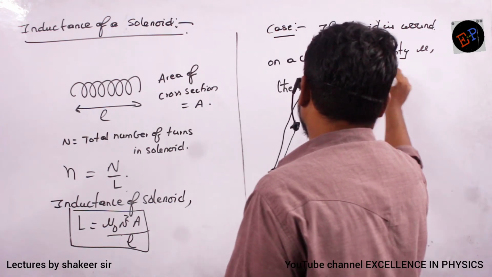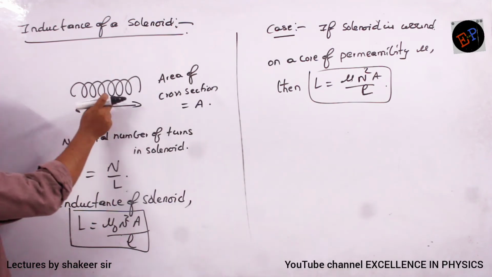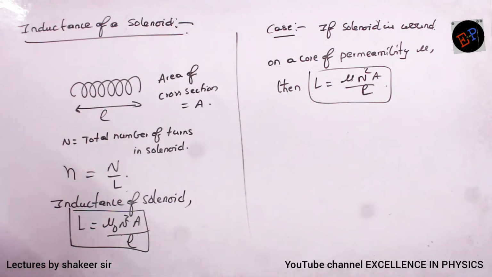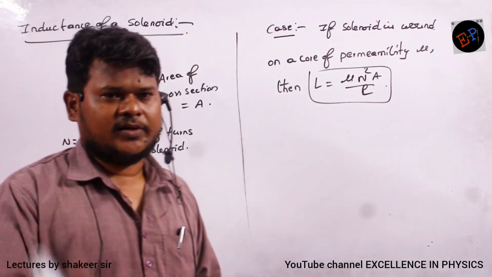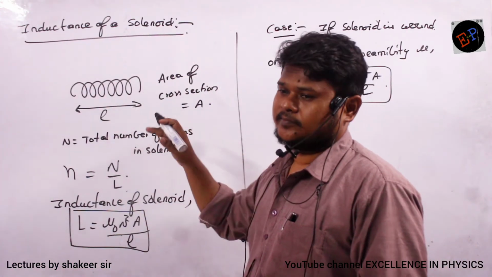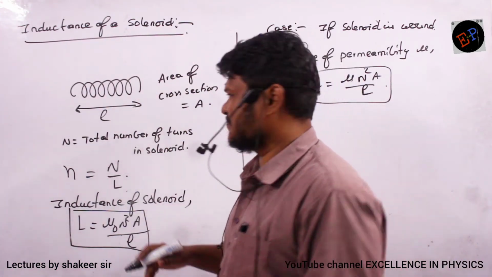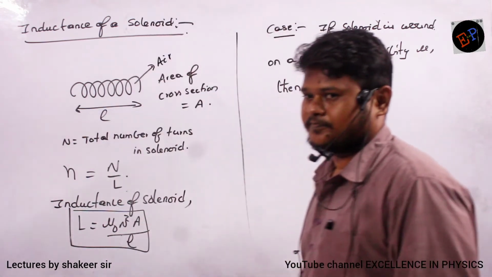This is the formula. Clear? So what is the core of the solenoid? Core means the material on which we are winding the solenoid. On which material are we winding? Air. Air or vacuum is the core here.